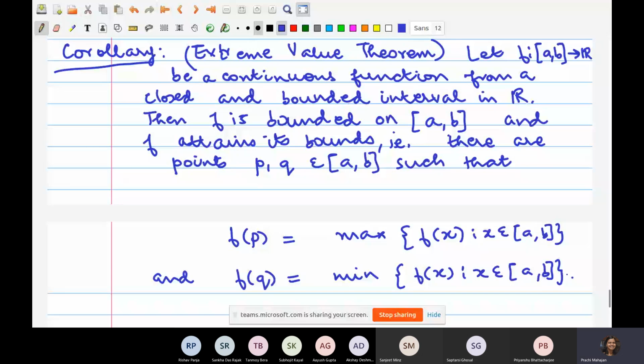Have you seen the extreme value theorem at some point before?